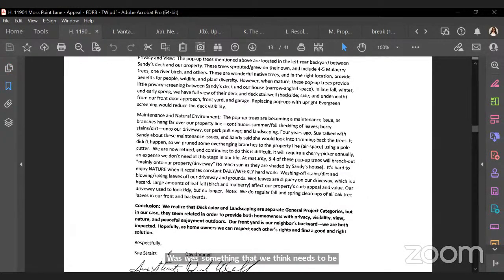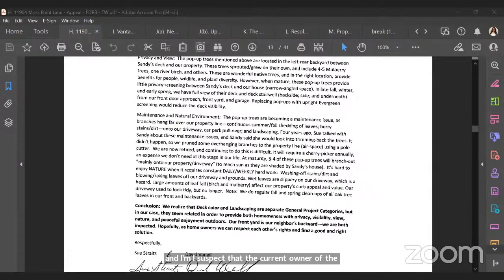I suspect that the current owner of the property, not sure why she's not here tonight, was concerned about what could be done to those trees. Several years ago, we asked the former owner about removing or cutting back these pop-up trees, but nothing was ever done.